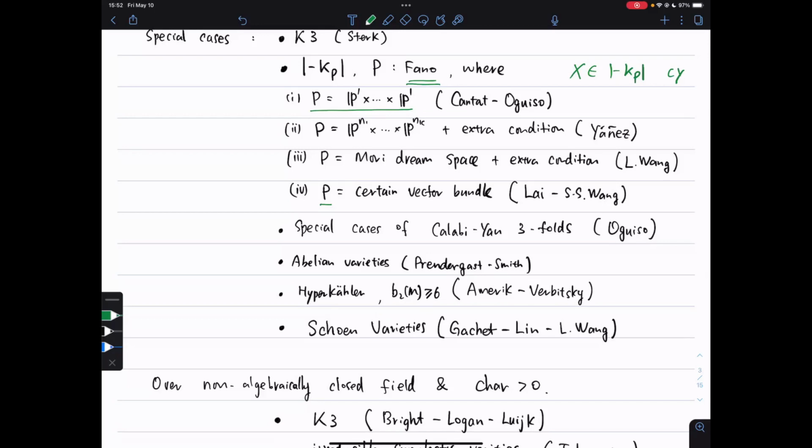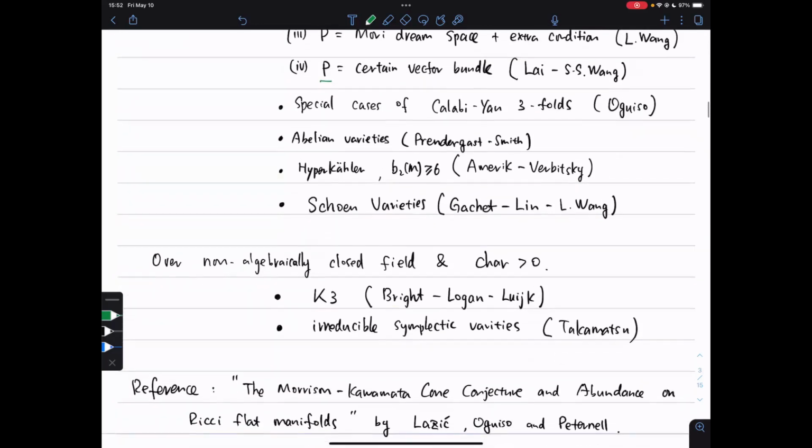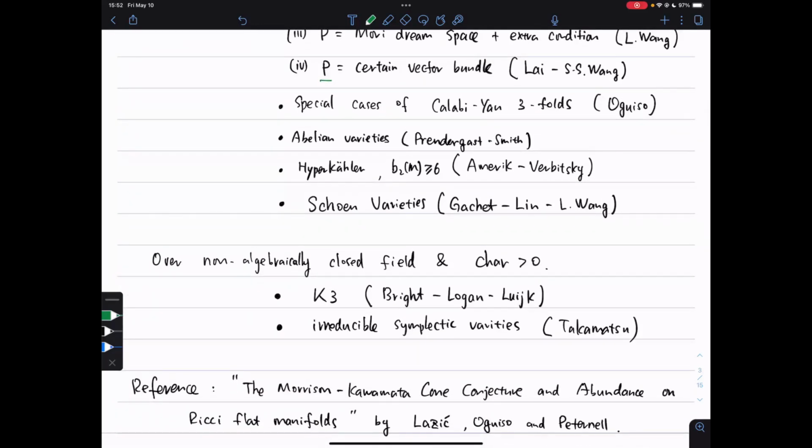And also for Schoen varieties, and generalizations of Schoen varieties. Also, the conjecture has been studied for varieties over non-algebraically closed fields or in positive characteristic. For example, for K3, it has been established over non-algebraically closed fields and characteristic not equal to 2 or something. And for irreducible symplectic varieties as well.